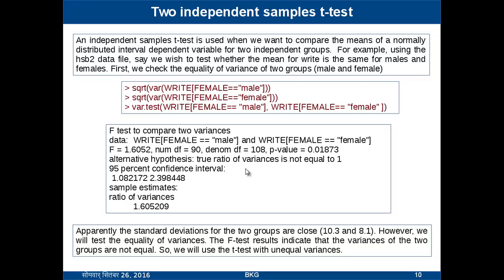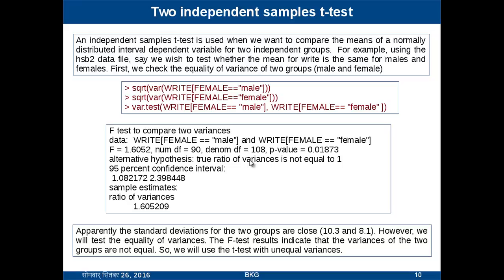So our null hypothesis that the true ratio of the variances is equal to 1 is rejected in favor of the alternative hypothesis that the true ratio of the variances is not equal to 1.